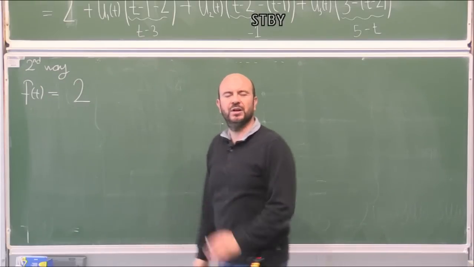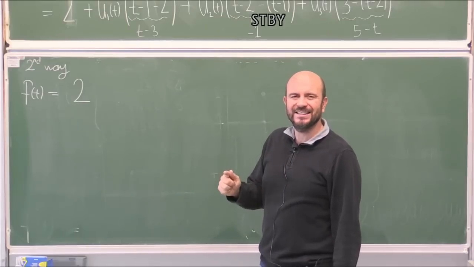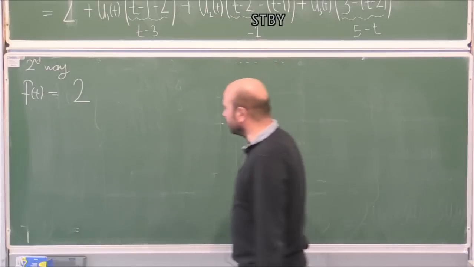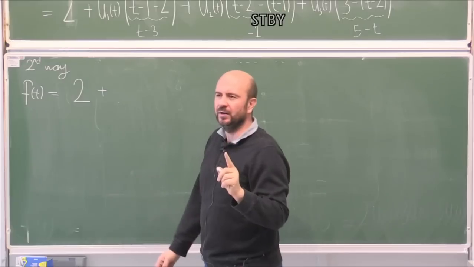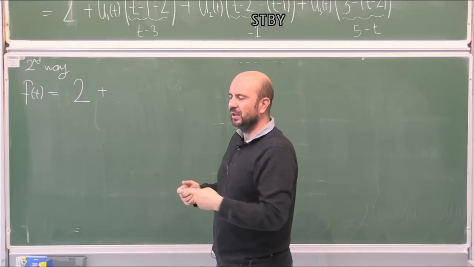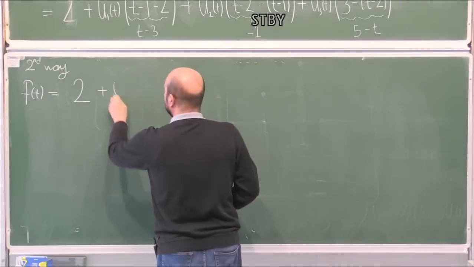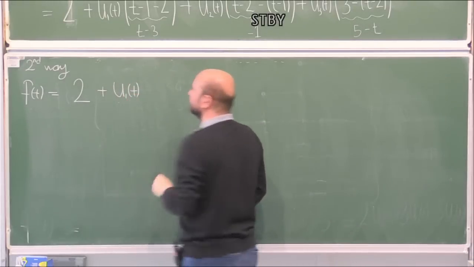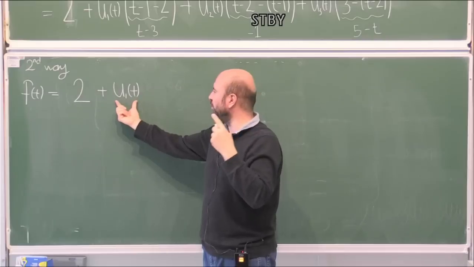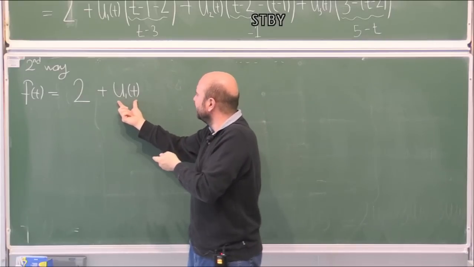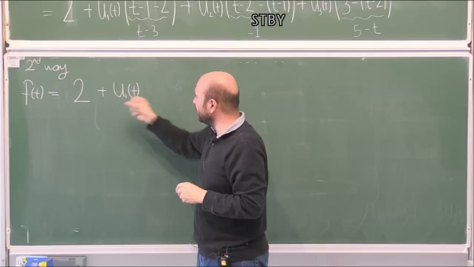But it doesn't continue as 2 forever because there's a change happening at 1. So now there's a change happening, and it's happening at 1. So to arrange this, if I want to make a change just starting from 1, then I need to use the function u1t, because u1t says my effect is only after 1. Before 1, I'm completely 0. I will not do anything because 0 plus 2 is 2. Nothing happening.